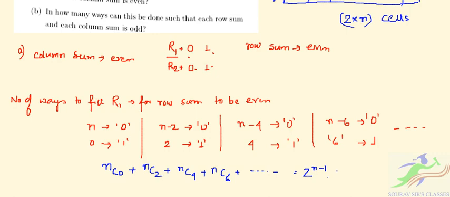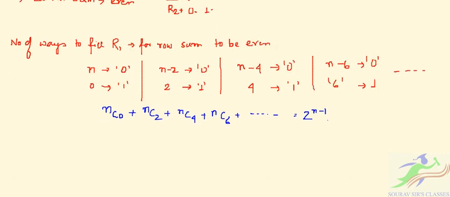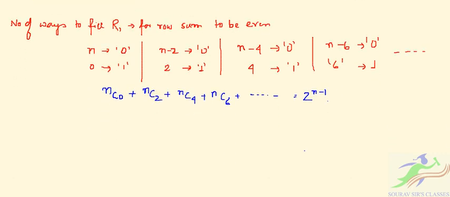Now part B: in how many ways can this be done such that each row sum and each column sum is odd? For the column sum to be odd, if R1 is 0, then to make the column sum odd, R2 should be 1, and if R1 is 1, then R2 should be 0.